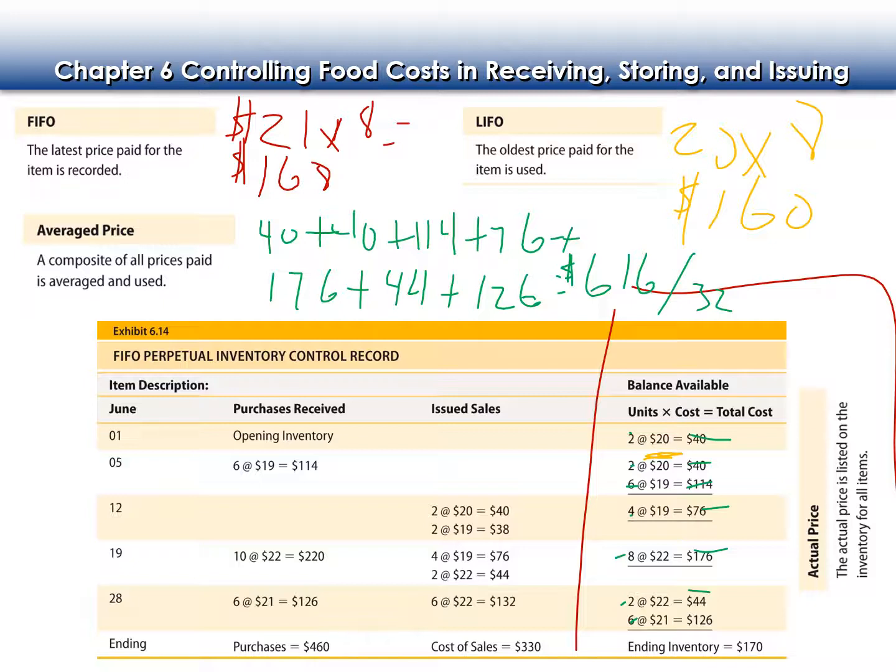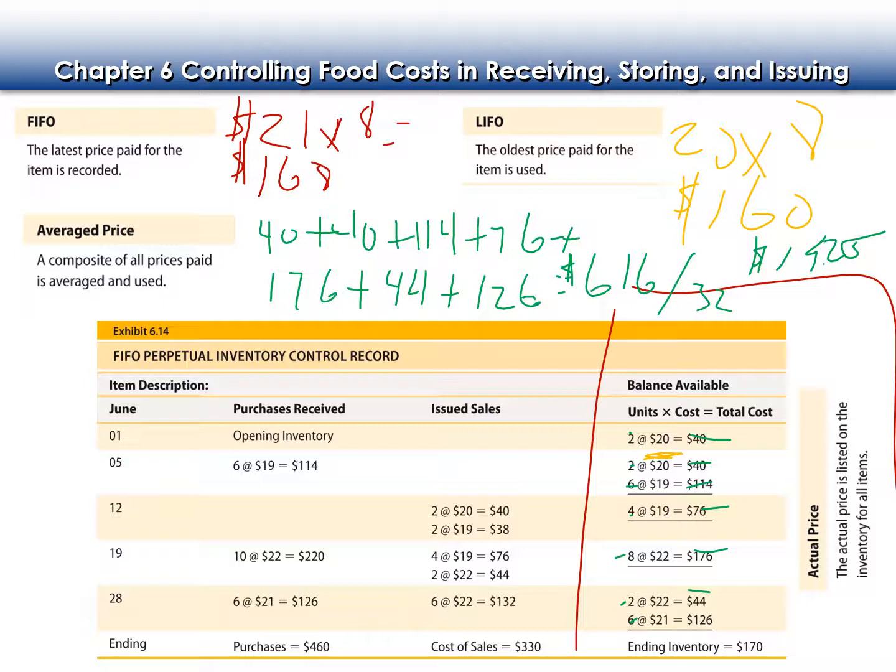And so what is our total? $19. Okay, so 19. Oh, sorry. No, that's fine. $19.25 is the cost per can, whatever we're talking about right now. And now we multiply that by our 8, and you can see it's going to be a little bit less. 19.25 is going to be less than the 20. Okay?